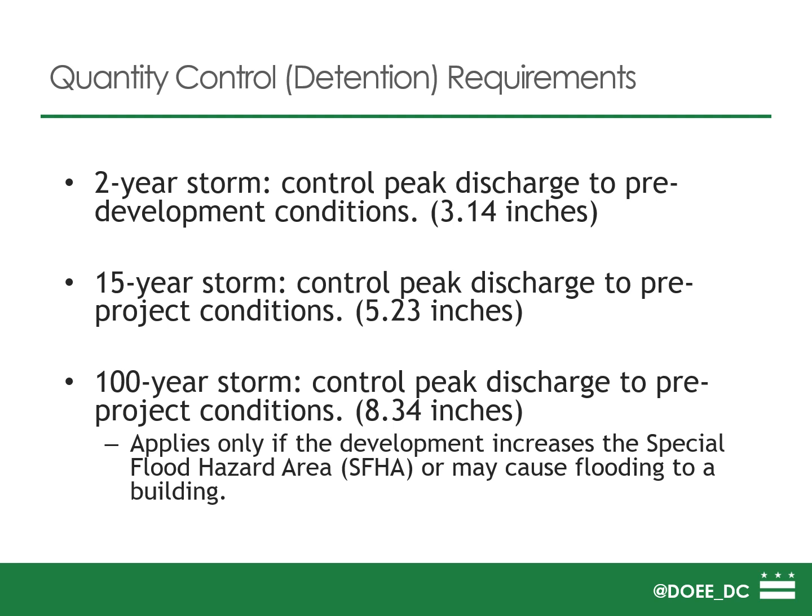There are also cases where the peak discharge must be controlled for the 100-year storm. This applies only if the project is in the special flood hazard area, SFHA, or it may cause flooding to a building. I'll go over this detention component of the requirements in a separate training.